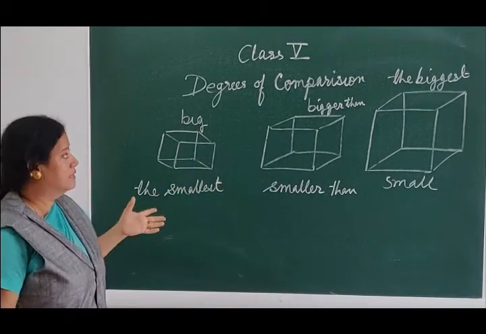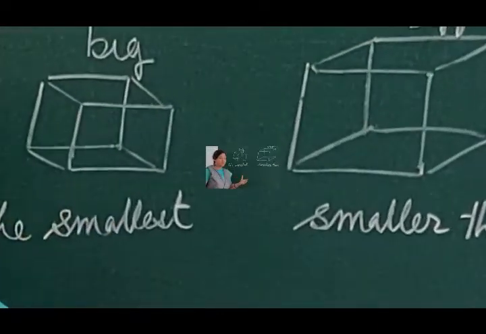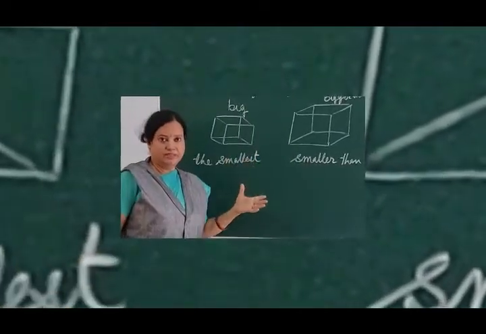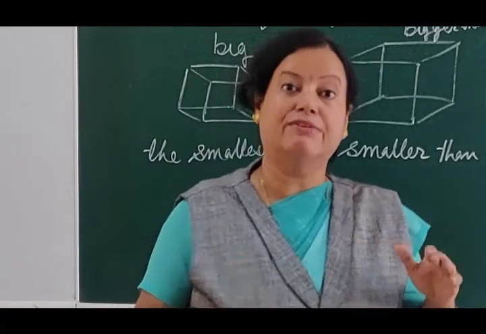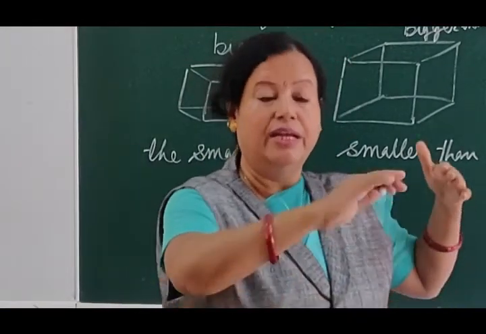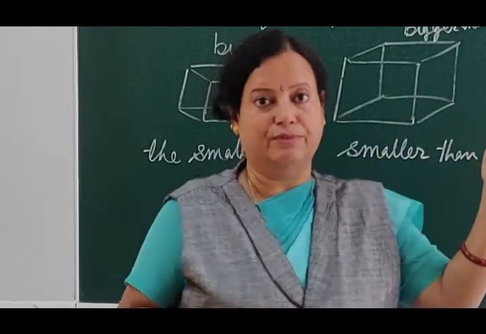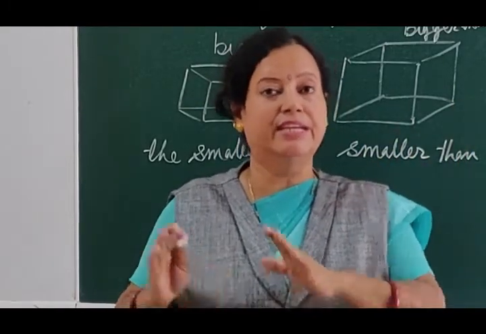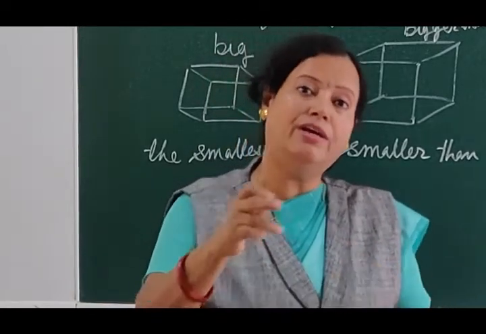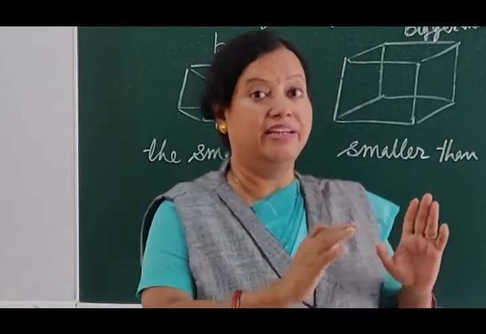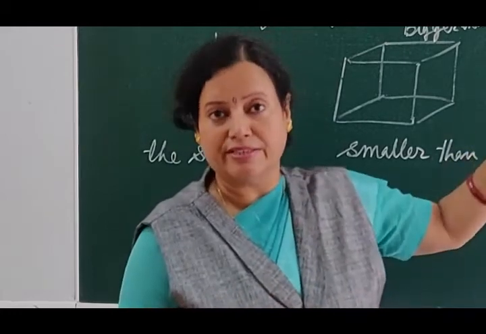We are comparing this way the children, the boys, the girls, all. Suppose there are three children in your class and one is tall, second one is taller than the other one and third one is tallest. If suppose three children are there, then we will say Radhika is tall, Ritika is taller than Radhika and Rishika is the tallest.